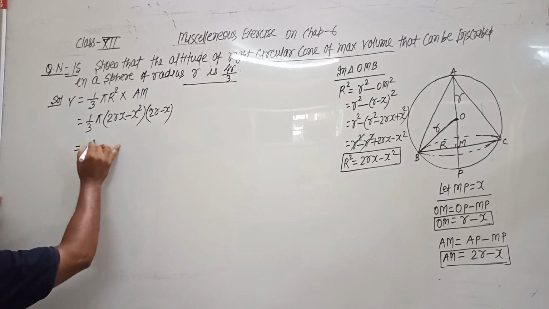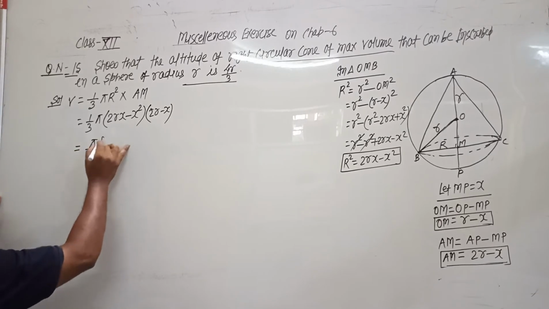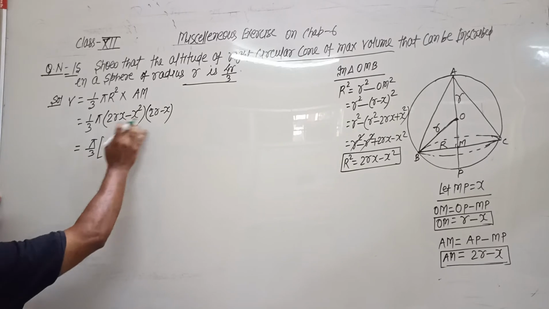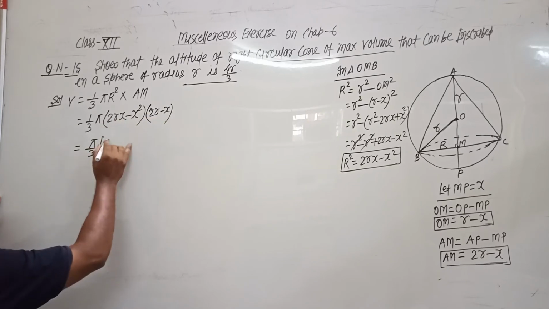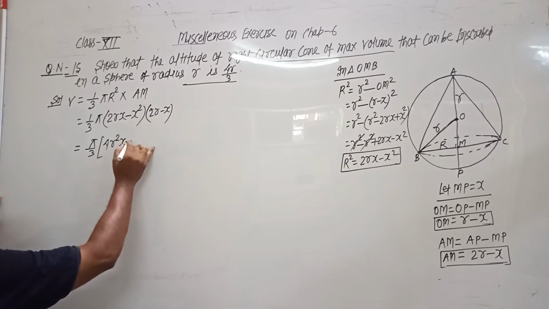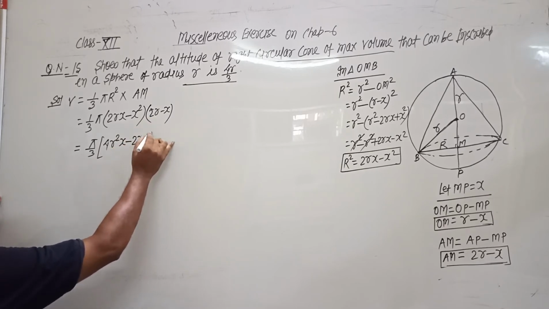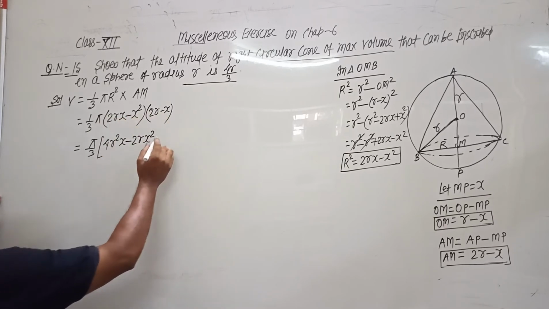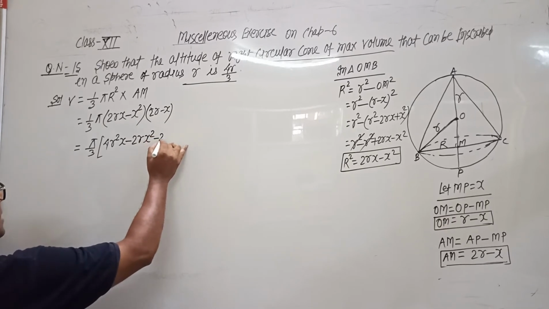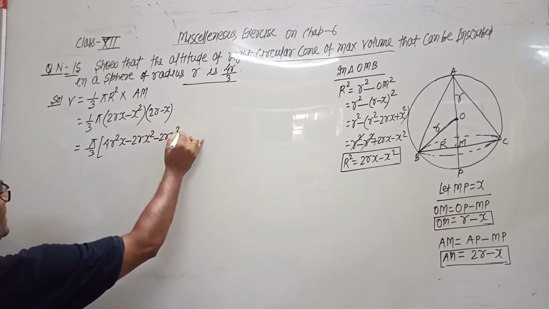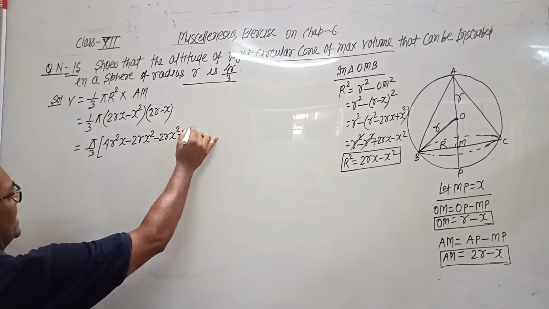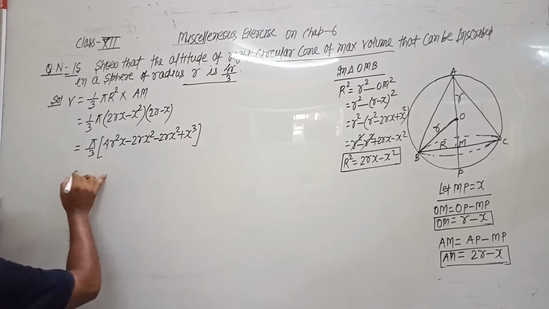So we get pi by 3. Removing the bracket, 2r into 2rx gives 4r square x, minus 2rx square, minus 2rx square, and plus x cube.